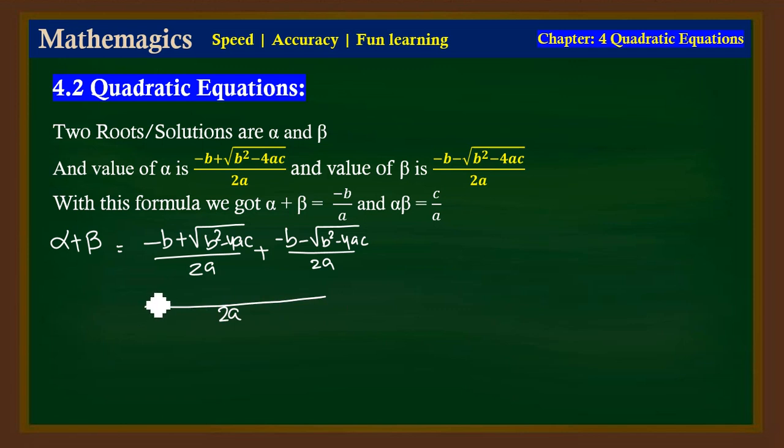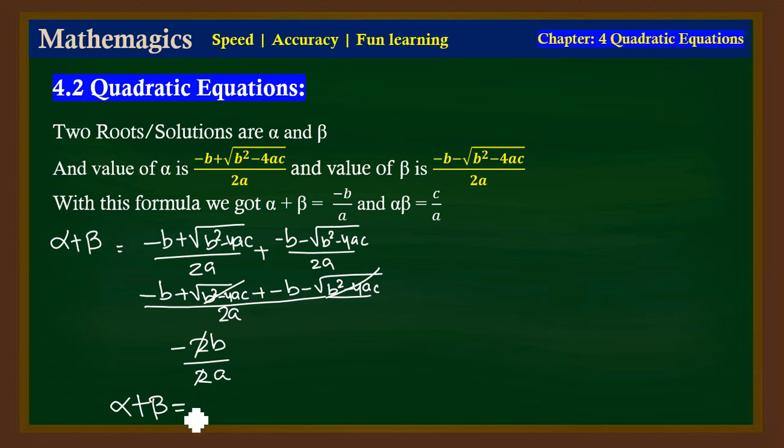So the numerator is minus b plus under root of b square minus 4ac plus minus b minus under root of b square minus 4ac, whole divided by 2a. The root terms get cancelled. Here minus b and minus b become minus 2b, and the denominator is 2a, so 2 and 2 get cancelled. Finally we obtain alpha plus beta is equal to minus b by a, which we already have proved here. And dear friends, this formula we were using in the polynomial chapter as a ready-made formula.